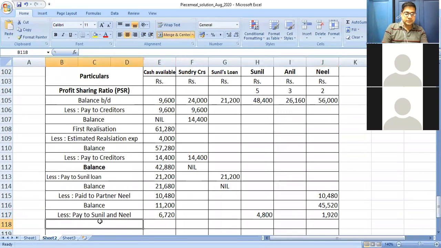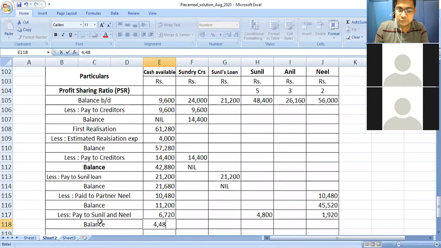Now the balance available: 11,200 minus 6,720, the rest of the balance is 4,480.